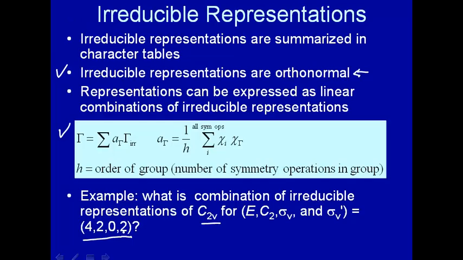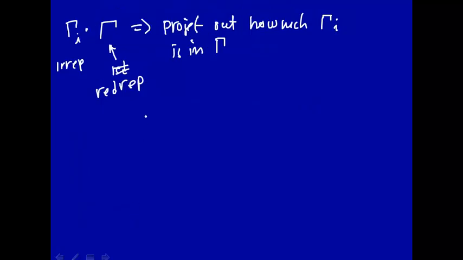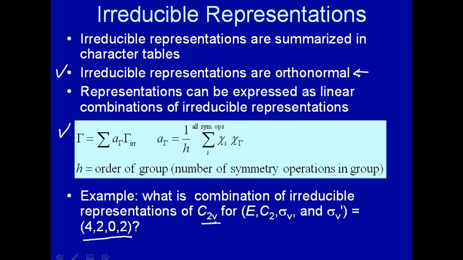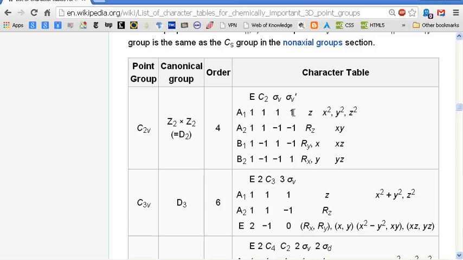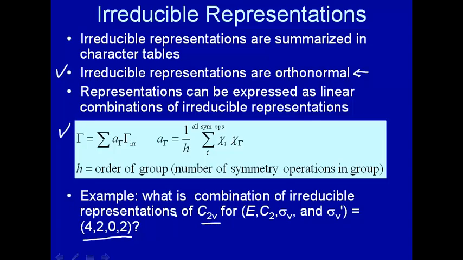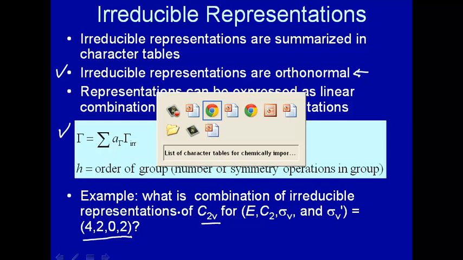All right, so let's do that for that example. We have 4202. So that is our reducible representation. Now again, we want C2V symmetry. So let's look at the A1. Let's project out of that how much A1 is in there.